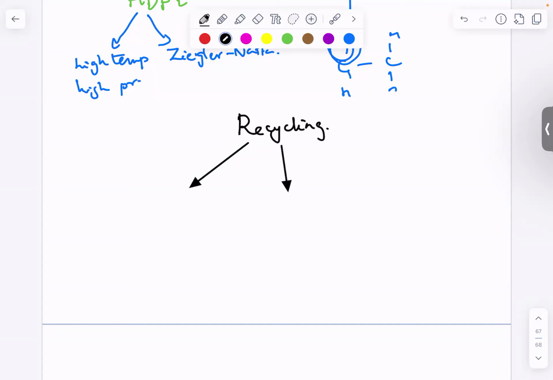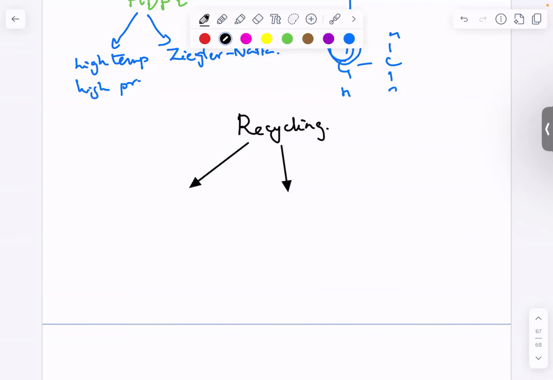Rather, for 4, 5 years, that bucket would remain the same. So if that bucket cannot be used, then what's the point of having it? It is going to create problems for us. It is going to make more debris. So we need to get rid of it. So we need to recycle it.